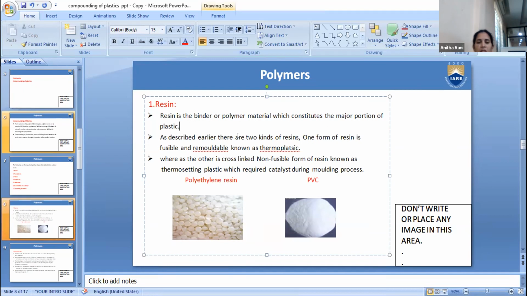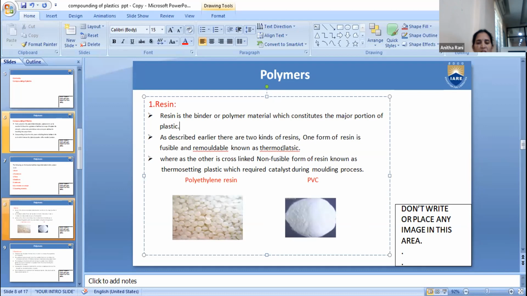We already discussed that there are two kinds of resins: thermoplastic resin and thermosetting resin. Thermoplastic resin is fusible and remoldable, so we can reshape it; it becomes soft on heating and hard on cooling.